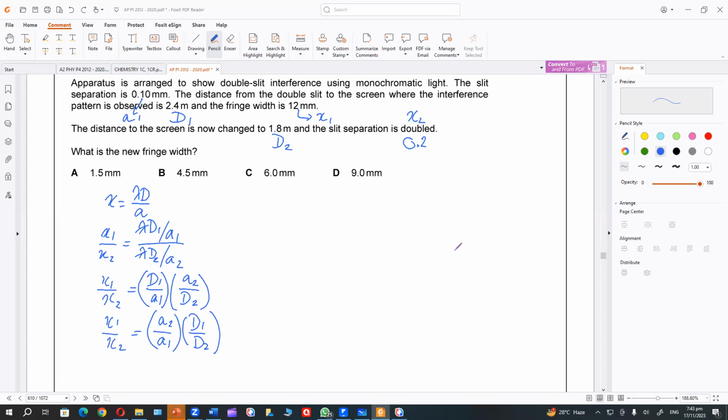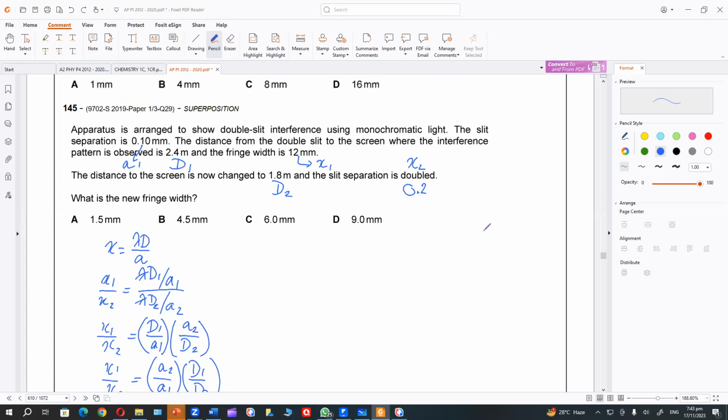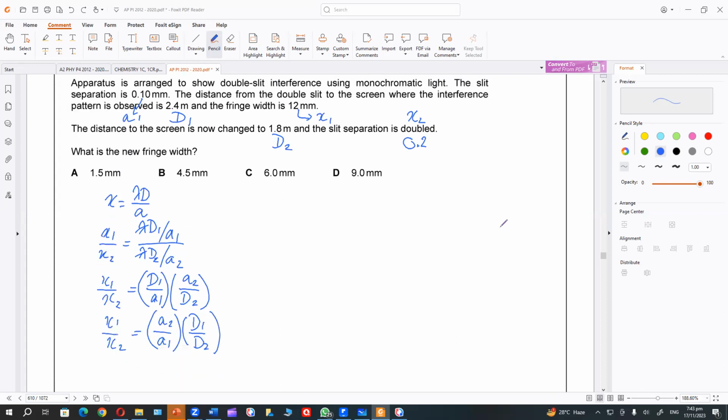We were doing this MCQ after putting the values in the question. Please select your answer. The answer I am getting is B, 4.5 millimeter.